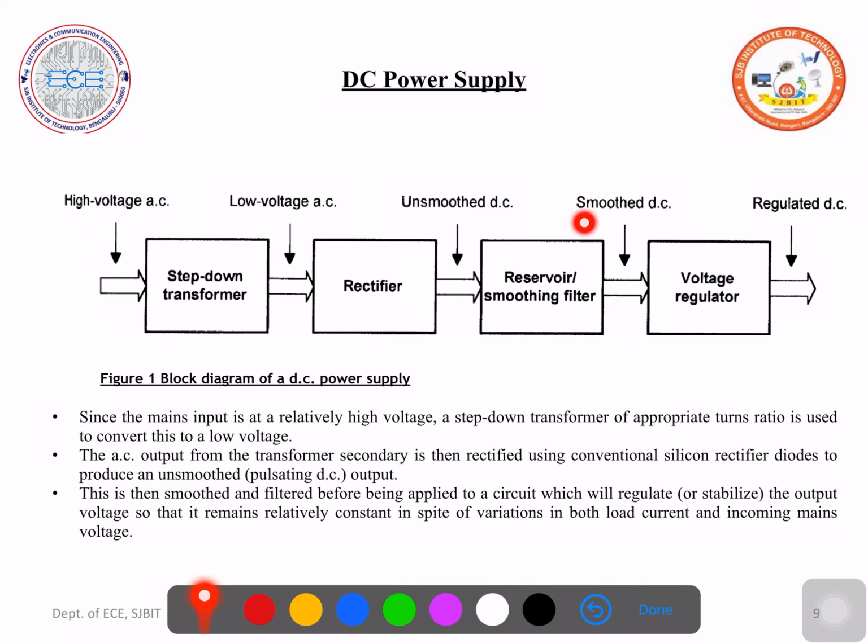Regulated means even if the input voltage is varied or the output load current is varied, you should get a constant DC voltage. That will be taken care of by the voltage regulator. The voltage regulator regulates the smooth DC and supplies a constant DC. Remember, regulation means if the input voltage changes or the output current changes, the output should not change. So this is the block diagram of a DC power supply.